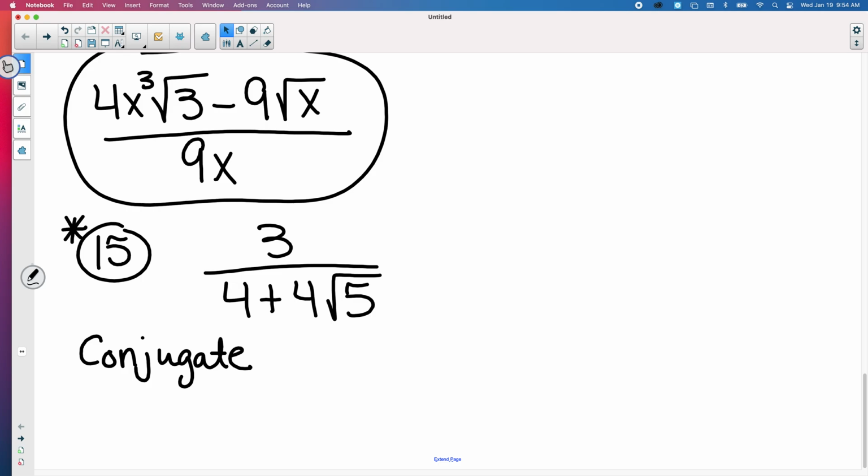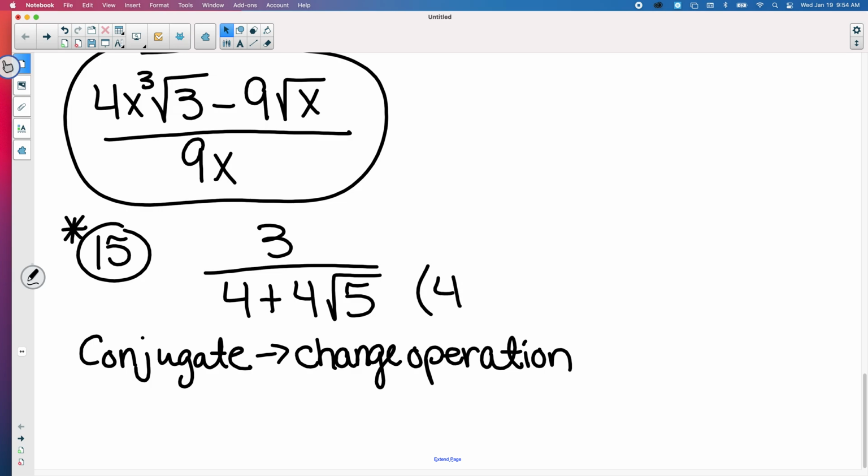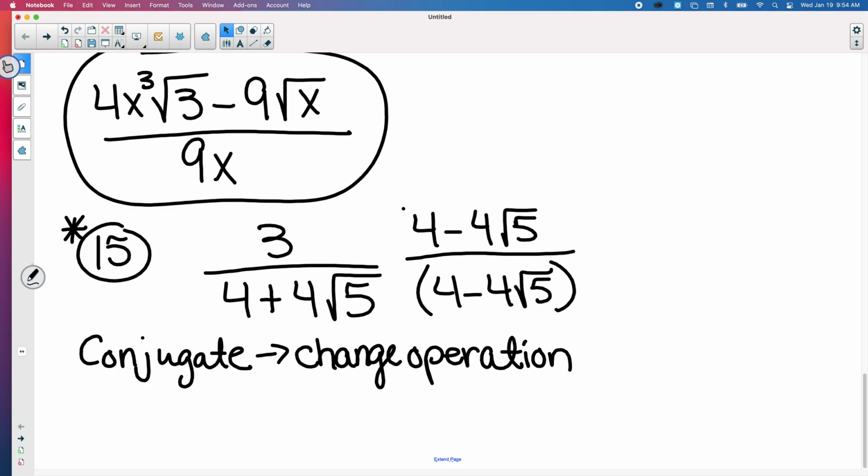And with the conjugate, everything's the same, but you just change the operation between the two things. So if it is addition like ours is, we change it to subtraction. So instead of multiplying top and bottom by 4 plus 4 radical 5, we have to multiply top and bottom by 4 minus 4 radical 5. Okay, and that's the only way to do it.